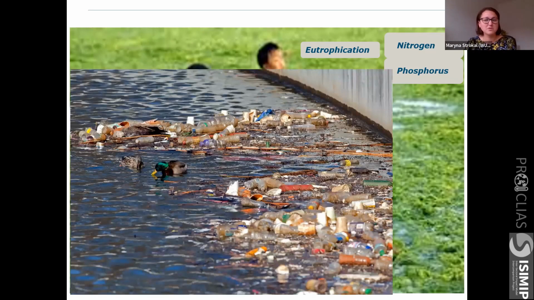The other water pollution problem that we are experiencing today is plastic pollution, and you see an example on the picture. A lot of plastic bags in water, and they can contribute microplastics also in water.